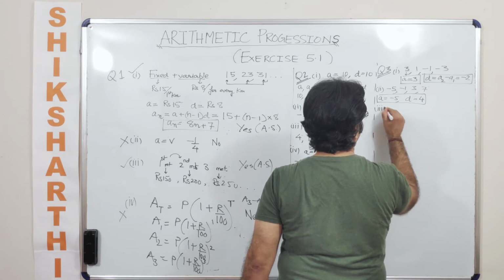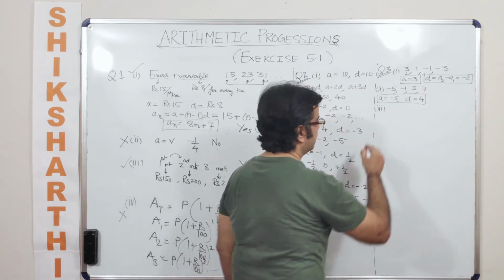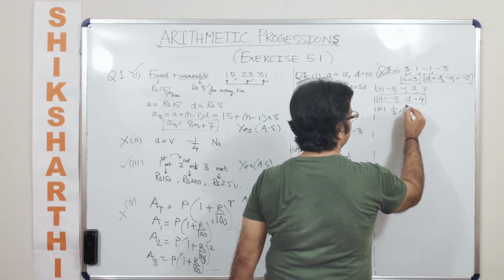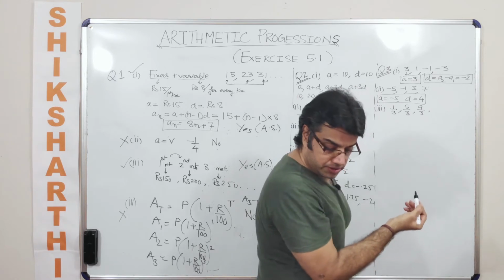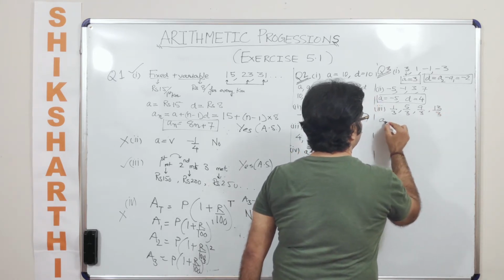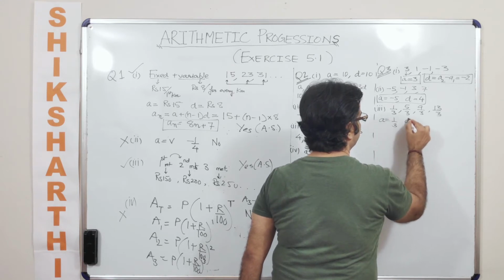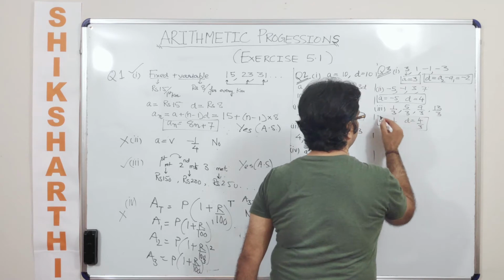Next subpart. So subpart 3. 1 by 3, 5 by 3, 9 by 3. And the next is 13 by 3. What is the first term here? 1 by 3. And what is the common difference? 4 by 3. How do you get 4 by 3? 5 by 3 minus 1 by 3.